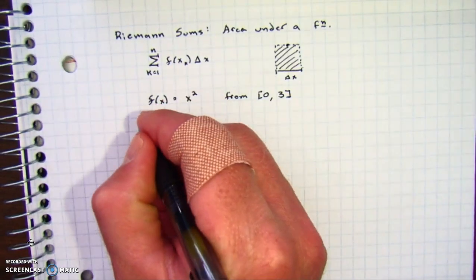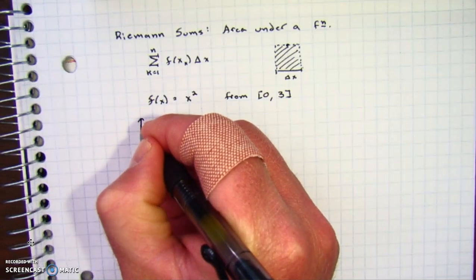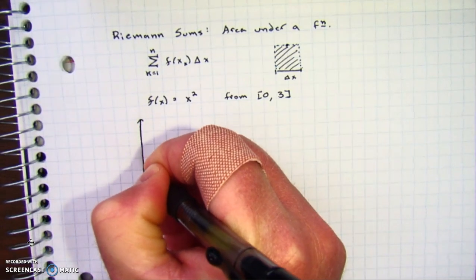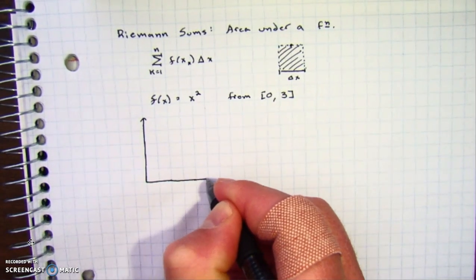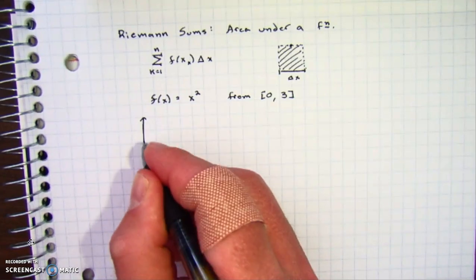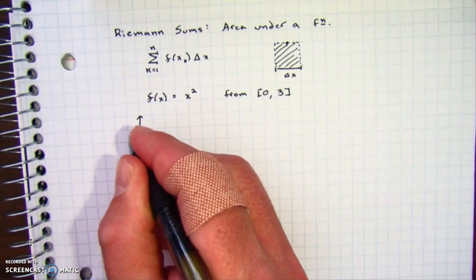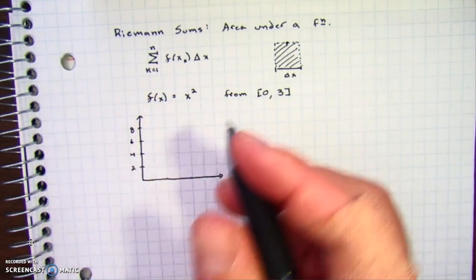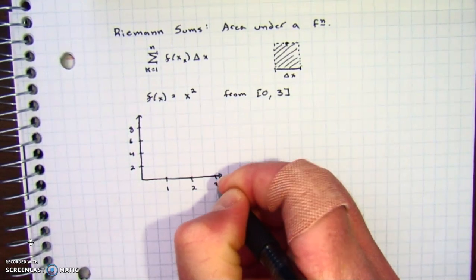Let's see, I'm going to need 2, 4, 6, 8, 10, and then 1, 2, 3. All right, so every 2 on this one: 2, 4, 6, 8. And then 1, 2, and 3.